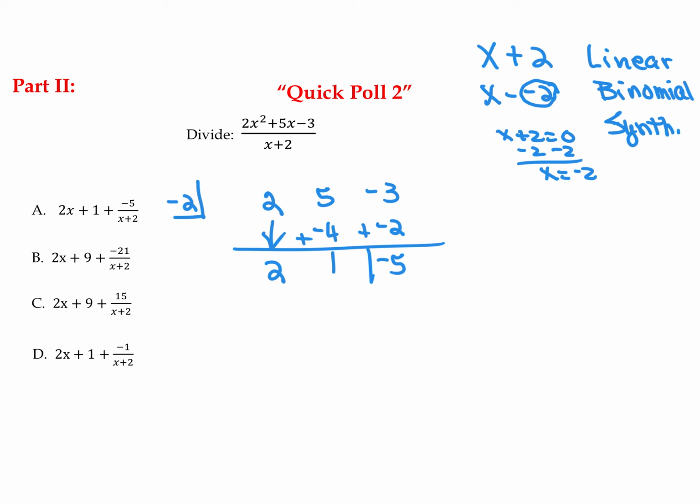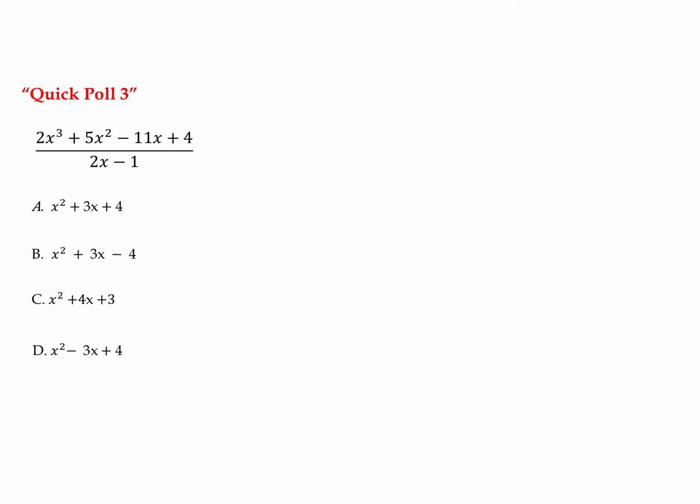We're dividing by x, so we know that our answer is going to be in x to the first power. That is going to be the coefficient of x plus 1 plus negative 5 divided by x plus 2. So answer A.